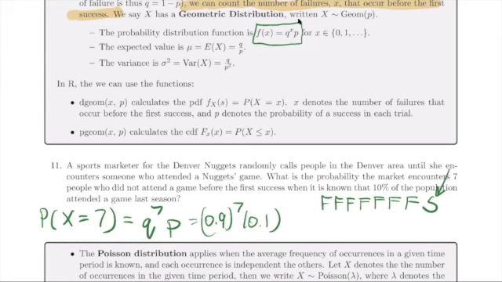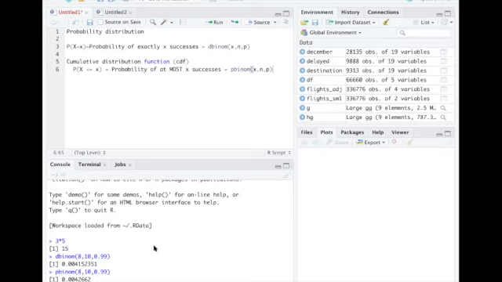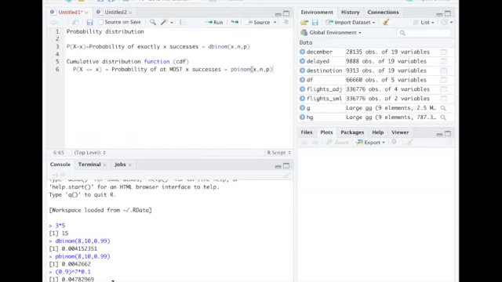And R does this very similarly. So if I wanted to calculate this particular example, I can ask it to actually do the calculation, take 0.9, raise it to the 7th power, and then multiply by 0.1.